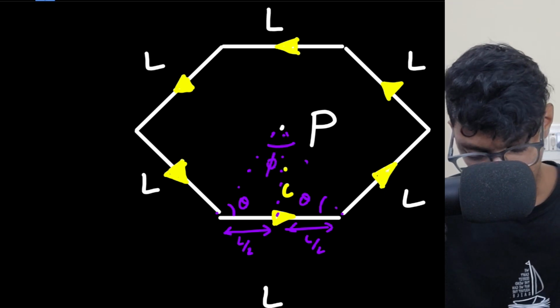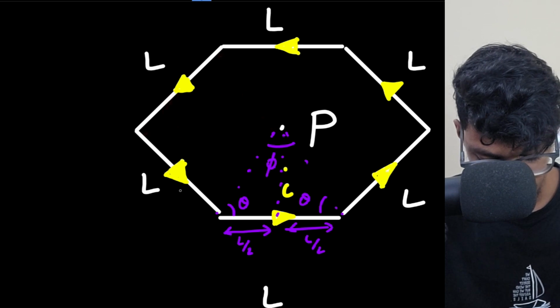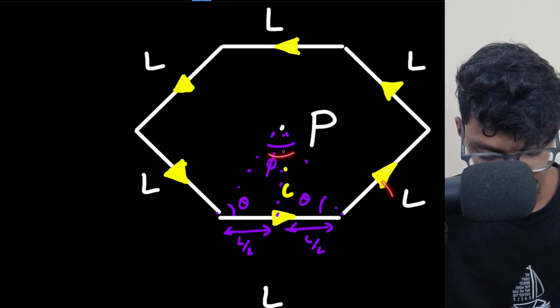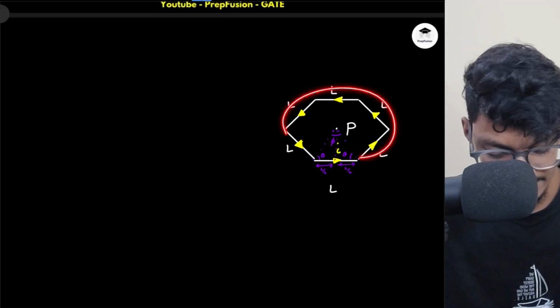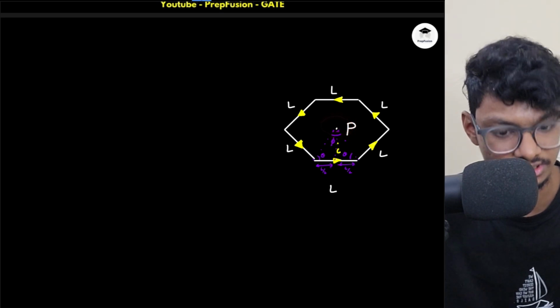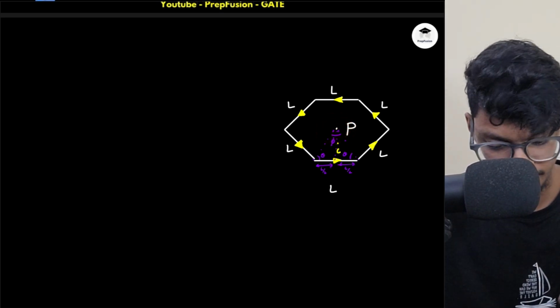I can name this angle phi or something, and there will be how many of these? How many sides are there? So there are 1, 2, 3, 4, 5. If there are 5 sides, there will be 5 phis. So if there are n sides here, there will be n phis, and the summation of all of them will be 360, because this is a total circle. So it depends on the number of sides.